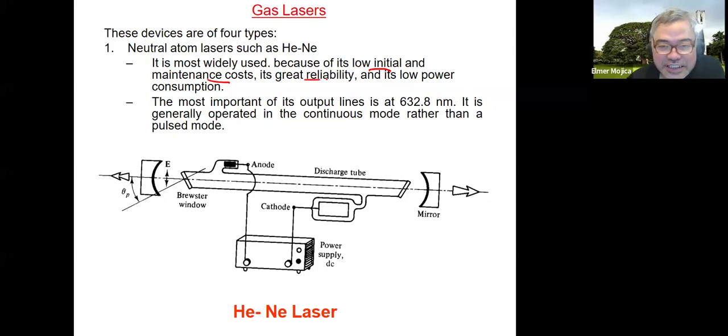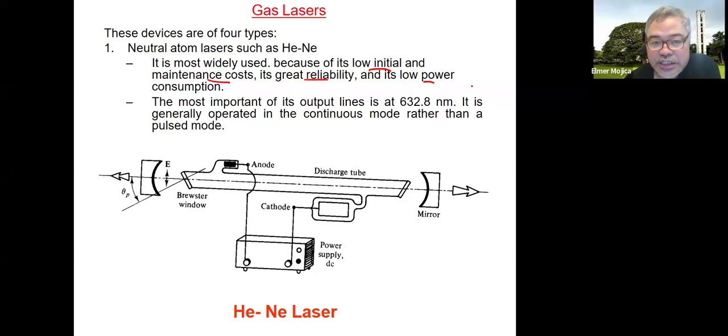So it has great reliability, and the good thing about it is low power consumption. So as you can see, the electric supply that I have shown you, okay, we have a special electric supply that we have to include in the setup.